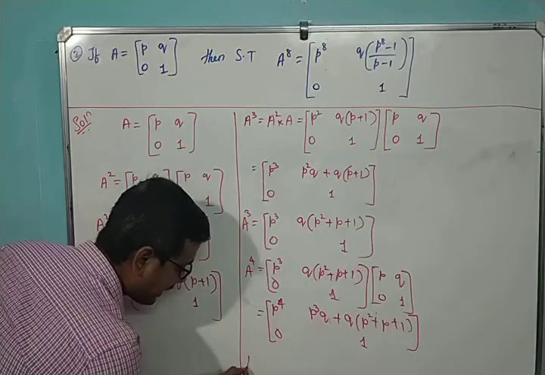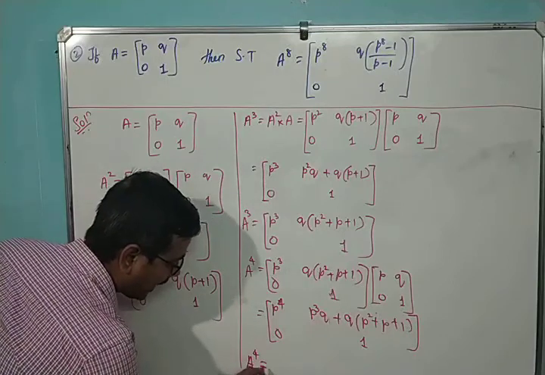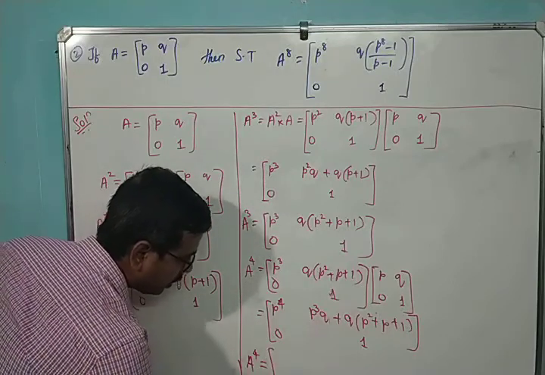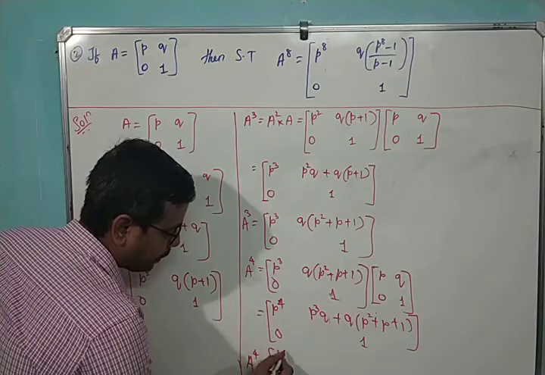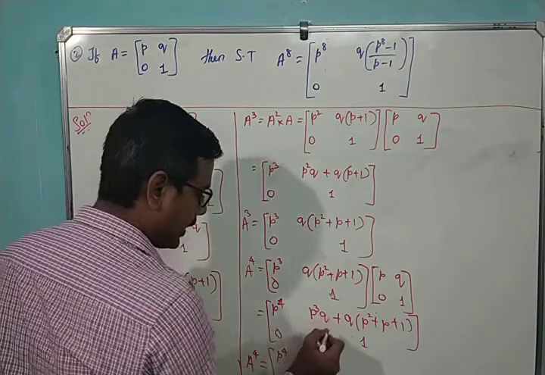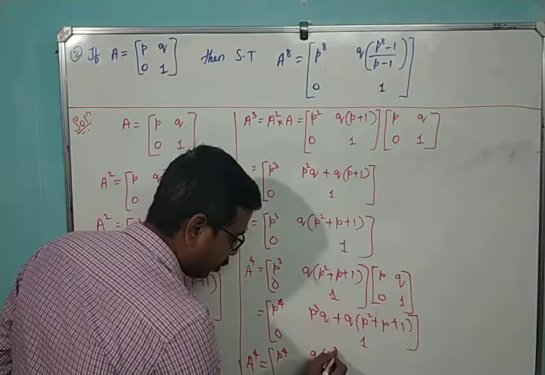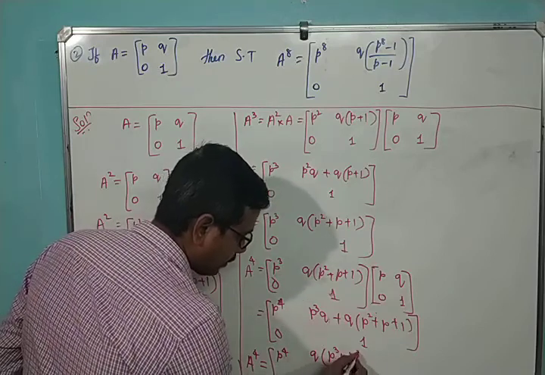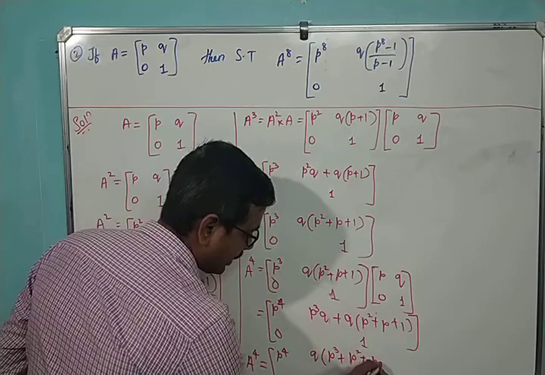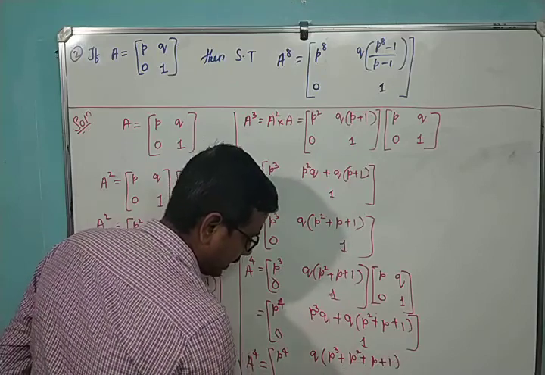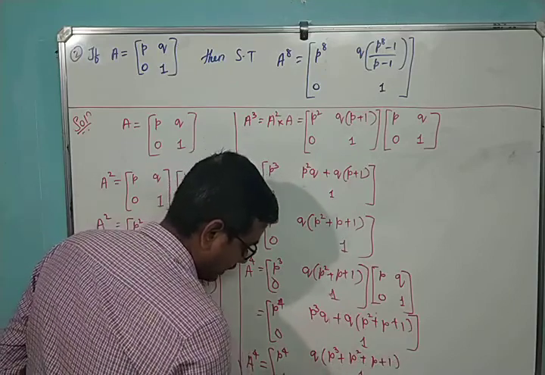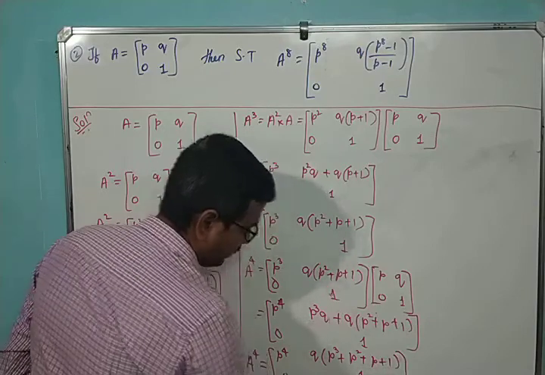So I can write A to the power 4 as equal to P to the power 4. Here if I take Q common, what will be left? P cube plus P square plus P plus 1, and here 1 and here 0, right?